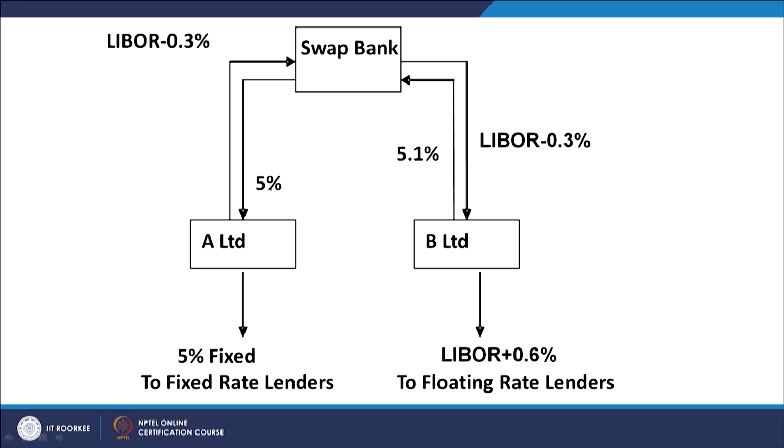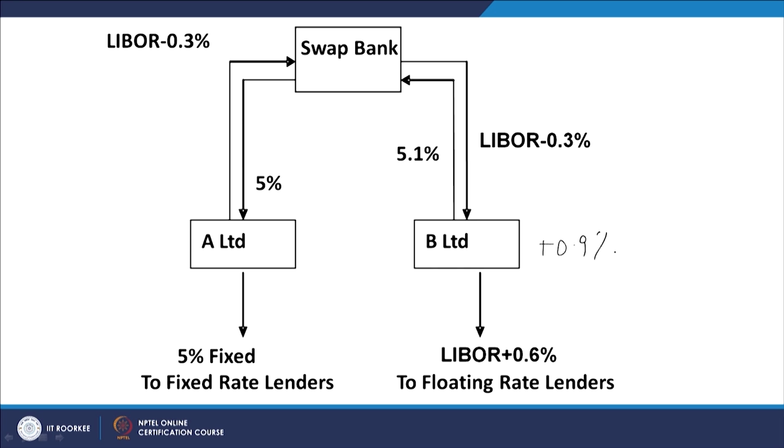So, therefore, it adds an amount of 0.9% from its own and passes on the money to the lenders. The important thing is that it is receiving on the floating rate and it is paying off the floating rate.